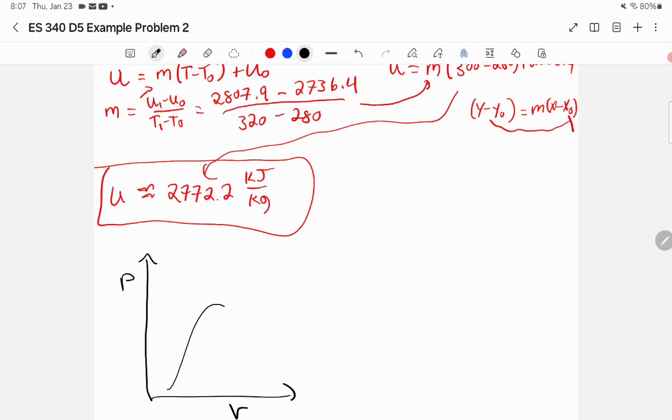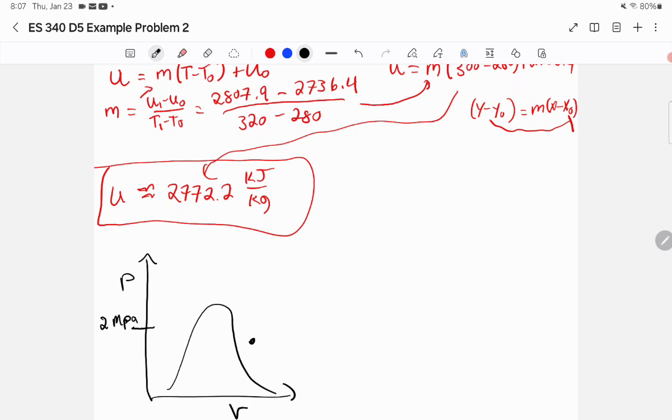That looks something like this. They both look pretty similar, by the way, but that's fine. So we know that the pressure that we're looking at here is 2 megapascals, and it's in the superheated region, which means it's over here somewhere.